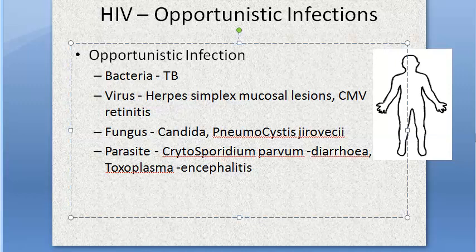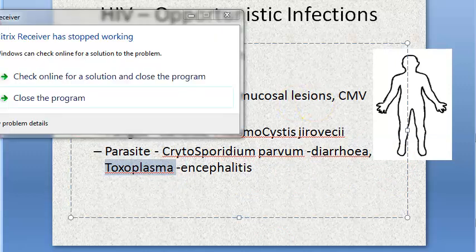Coming to fungus like candida, obviously candida. Then pneumocystis. Then parasites like cryptosporidium parvum will cause diarrhea. Toxoplasma will cause encephalitis. You know toxoplasma's full name? It is Toxoplasma gondii. So let's go back to AIDS.